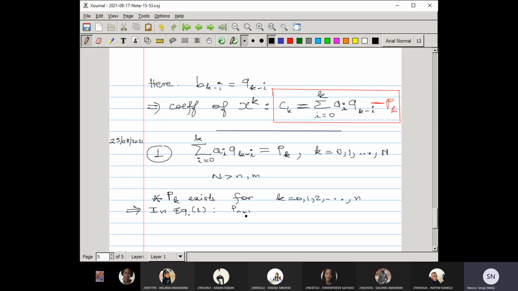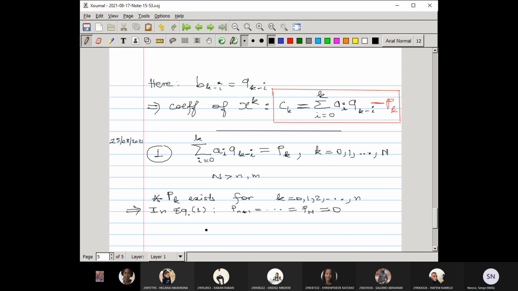Pn plus 1, because they don't appear in our polynomial P(x). They will appear in this formula, but they are all 0.